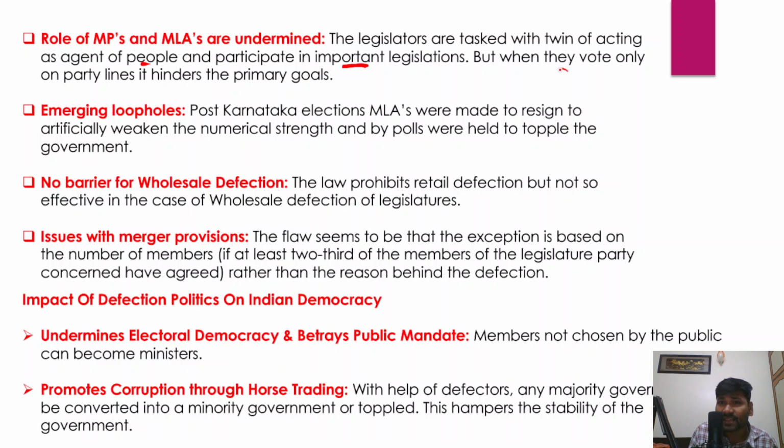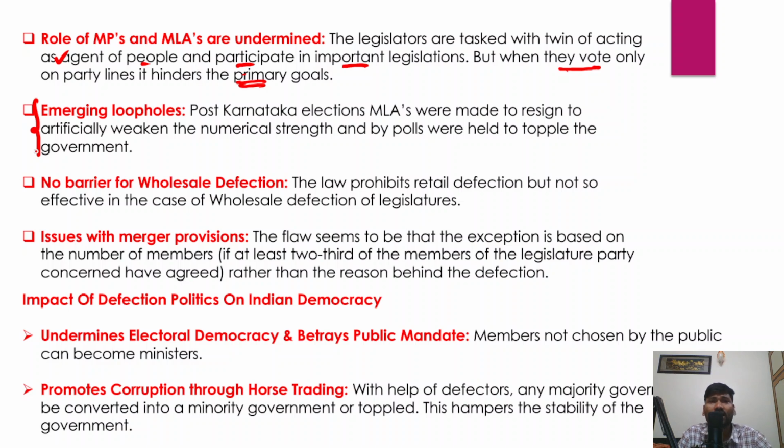However, when they vote only along party lines, they conform to narrow political interests rather than fulfilling the wishes and aspirations of the people of that particular constituency. So it actually hinders the primary goals. What are those primary goals? To be an agent and representative of the people, and also to participate in important legislations. However, a number of loopholes have been emerging in this context.